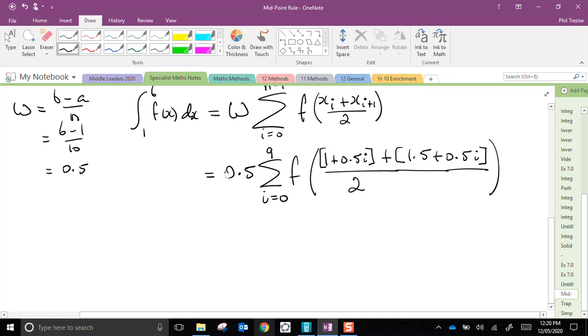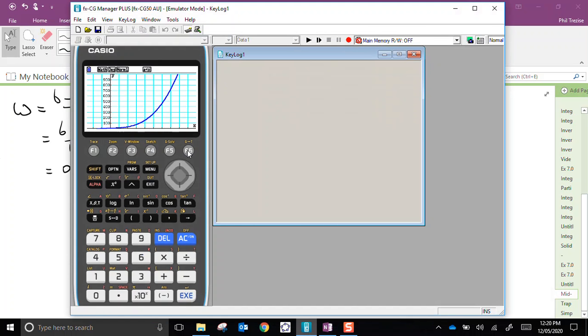Now let's get the graphing calculator going and we'll see how we do this on the graphing calculator. The first thing I want to do is enter my function into y1, the variable y1. If I draw that, that's not very good.